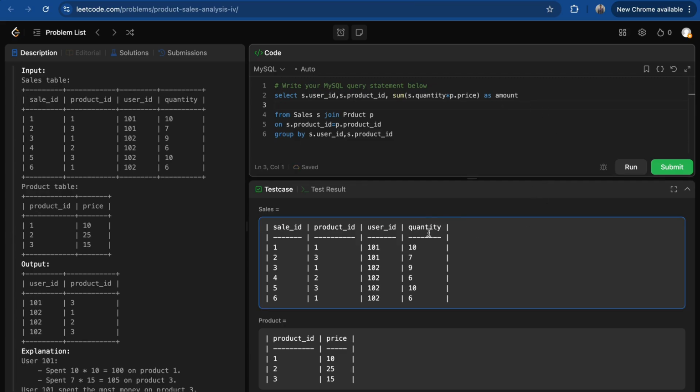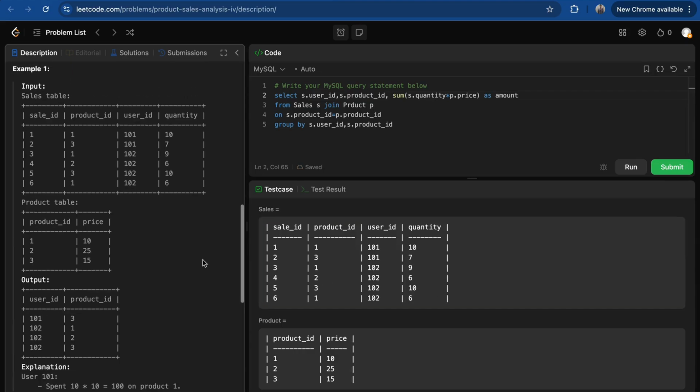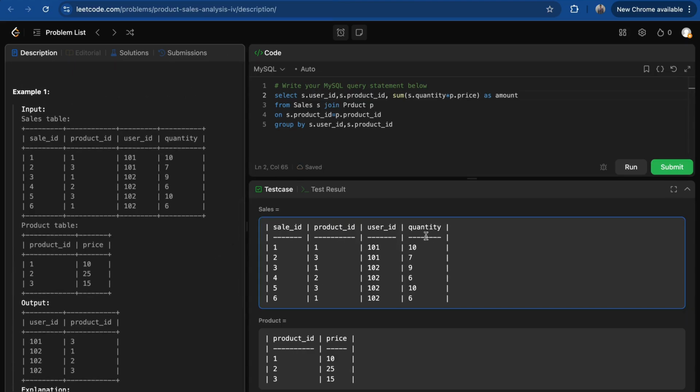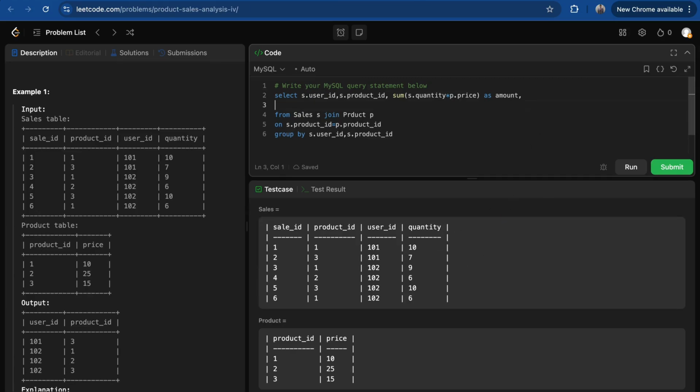Then we have to get the product ID and user ID where the user has spent the most money. So we can use the rank function and assign the rank based on the total amount spent, for every user. So partition by user ID and order by this amount.